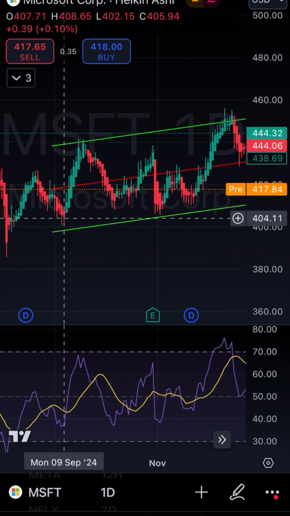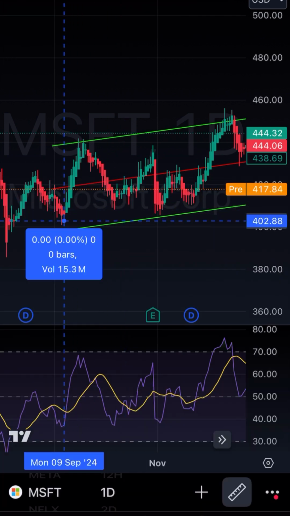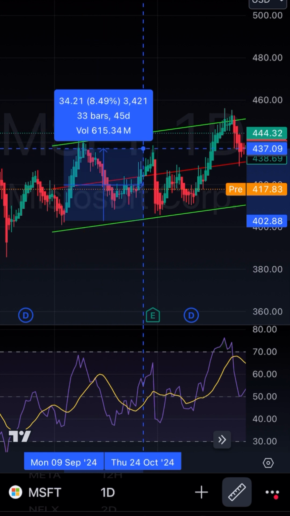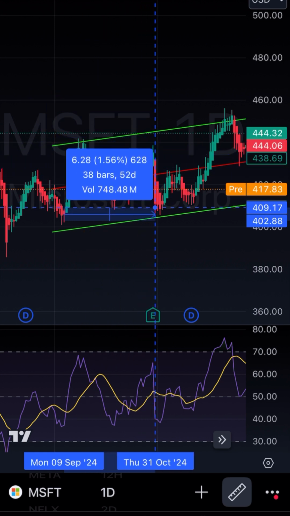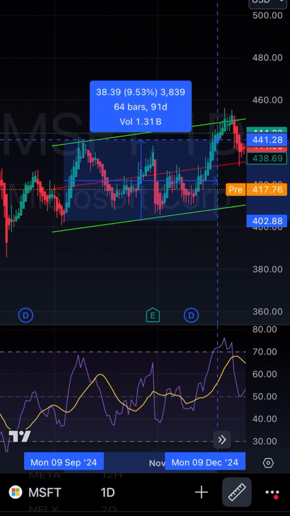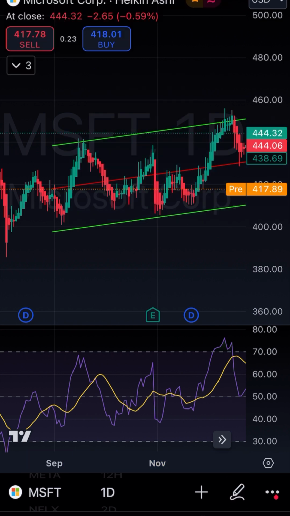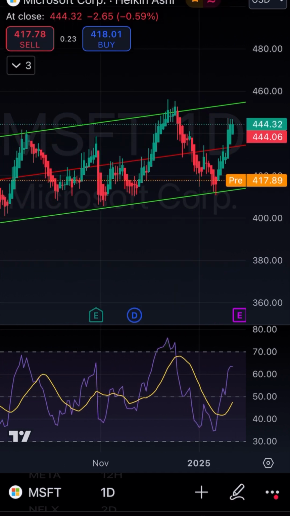We see a good entry point right here. You could have rode it out from here and be in profit. From here all the way up here, you could have still rode it out and still been in profit. Even if it came down here, you'd still be in profit, but you wouldn't be much. You rode it out to here, you would be up to $4,000.